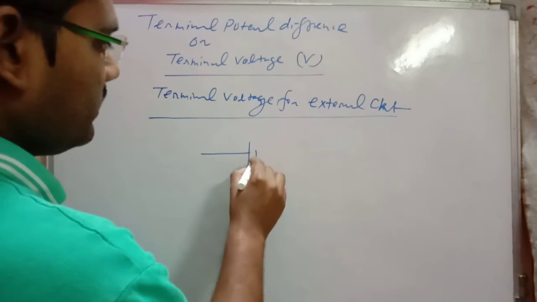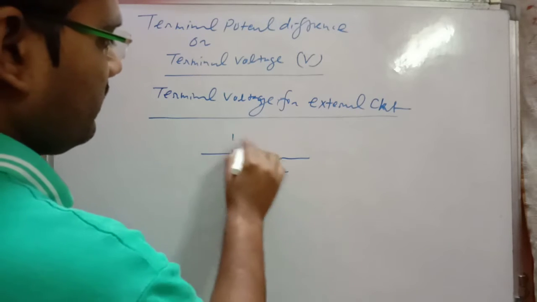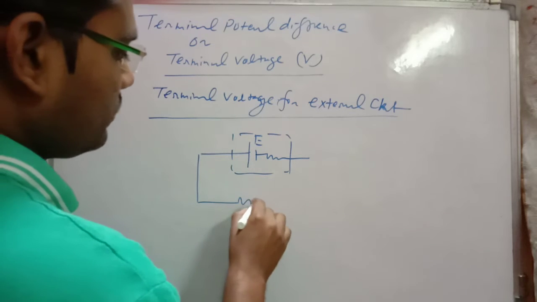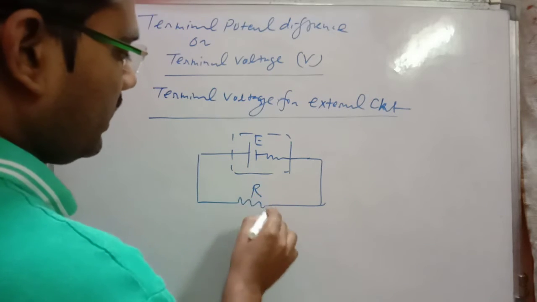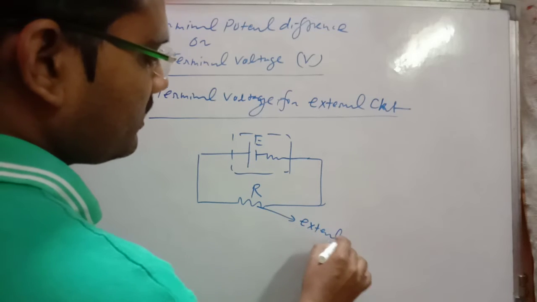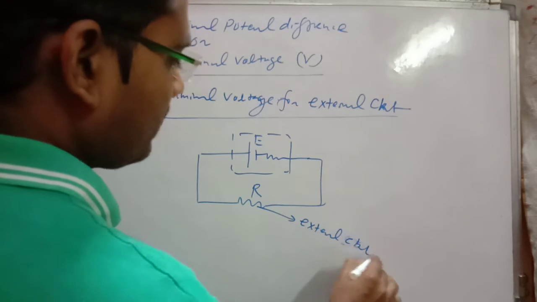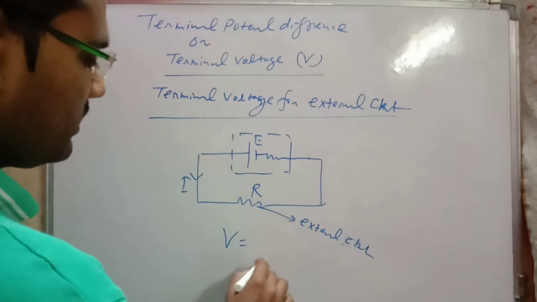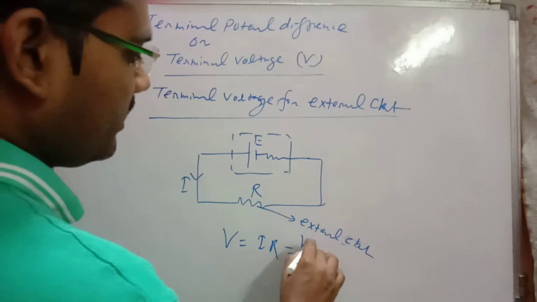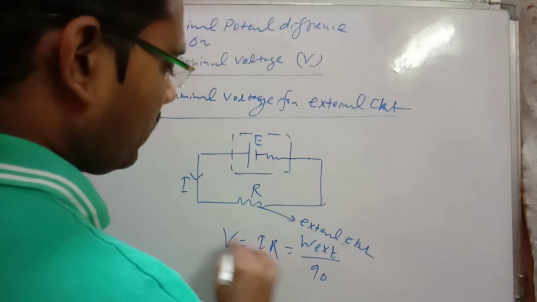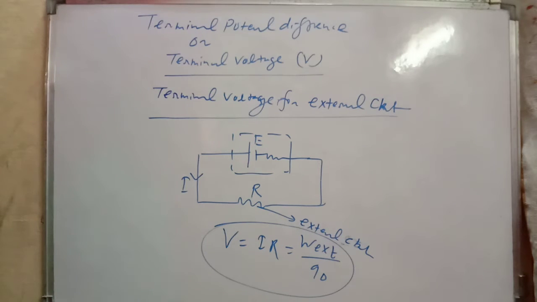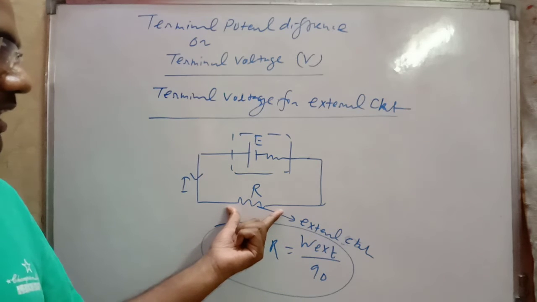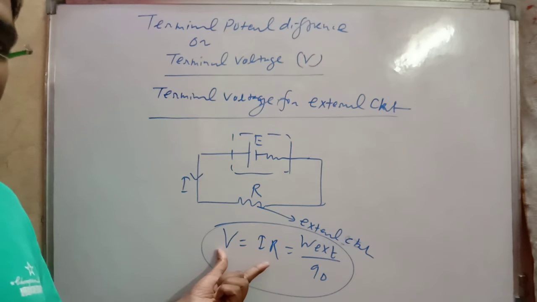So if we take a cell, it has EMF E, this one is the internal resistance, and this one is the external circuit R. If there is an electric current I in this circuit, then the terminal voltage is IR or Wext divided by Q. That means the potential drop across the external circuit is the terminal voltage.